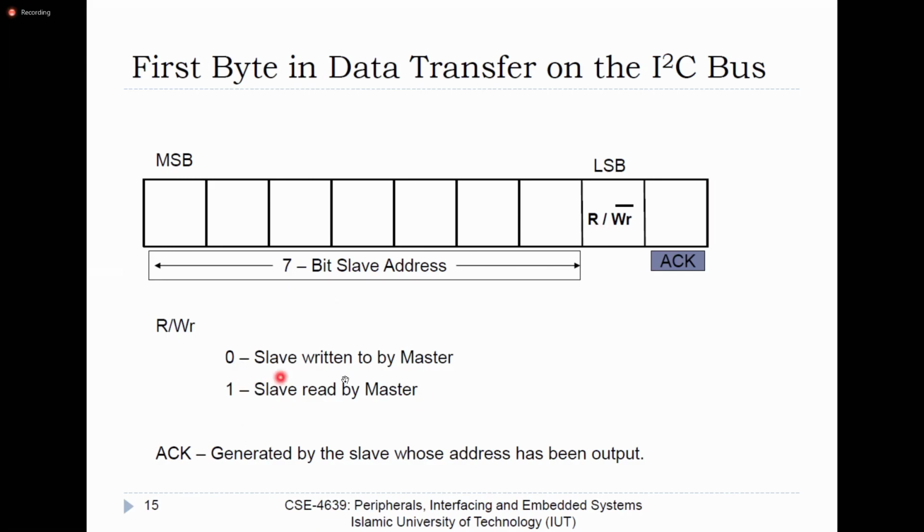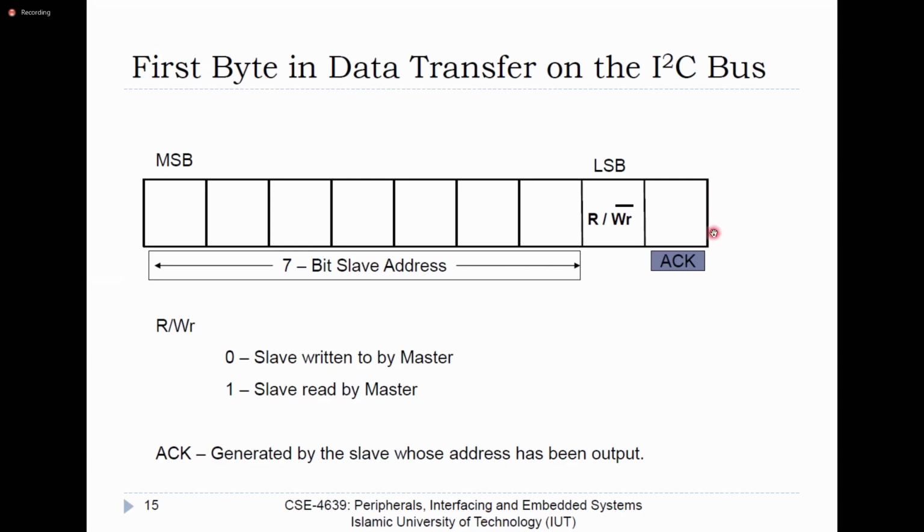The 0 means the slave is written to by the master, that means the master is transmitting. And 1 means the slave is read by the master, that means the master should receive the data from the slave. This part up to the first byte is sent by the master.